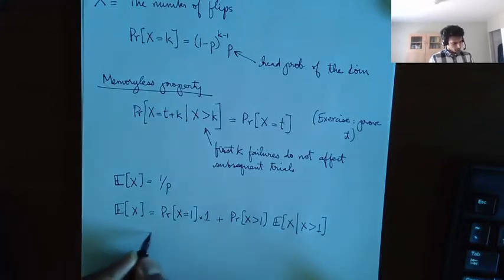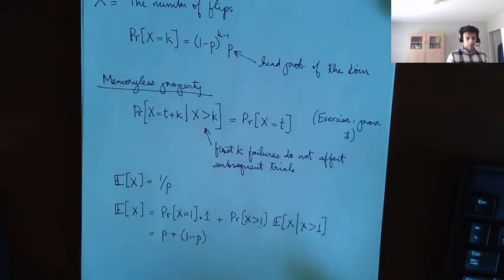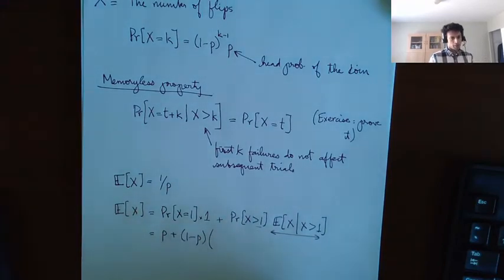So this is equal to p, that's the probability, plus 1 minus p. Now what is this by the memorylessness? My first trial was tails.